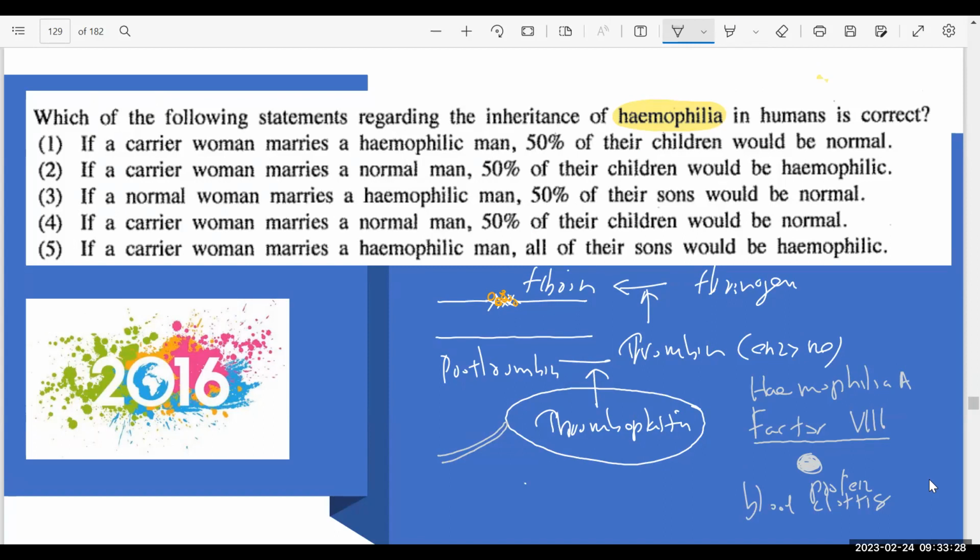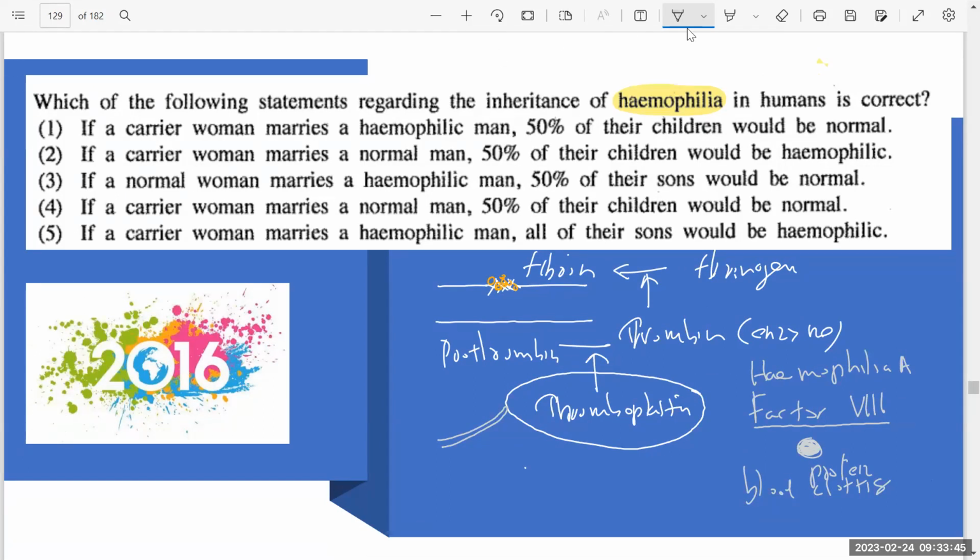So we don't learn everything. There is another complex pathway which starts like this. There's a protein, this one, this one, this one, like this. There is another pathway, actually, that we are not learning, called the intrinsic and extrinsic pathway of blood clotting, and proteins are involved in these.